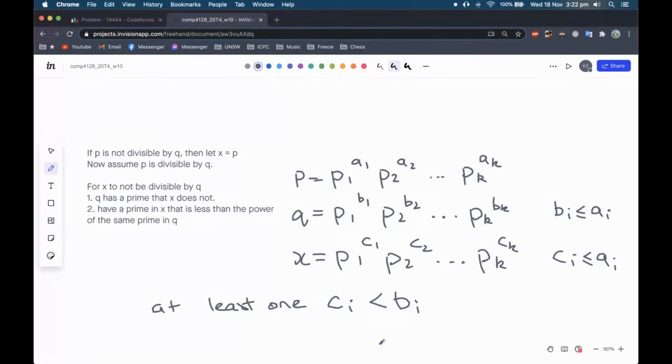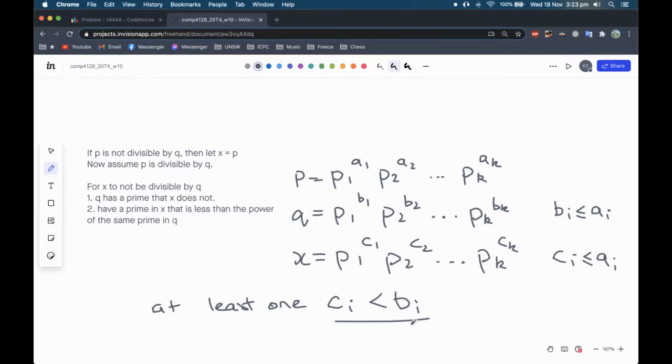So I guess the question now is, how do we choose the x so that this is maximized? Well, first thing we can start off with is that you would only ever want one of them to be less than b_i, right? If one of them is less than b_i, then x is not divisible by q. If two of them are less than b_i, well, we can just make one of them not less than b_i.